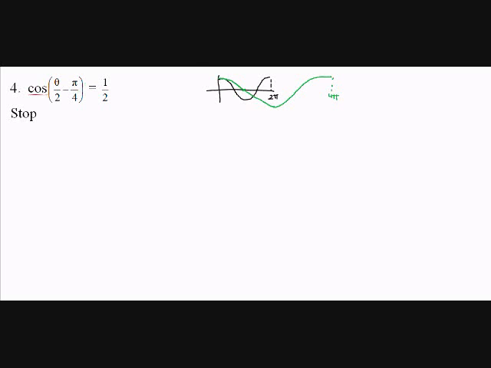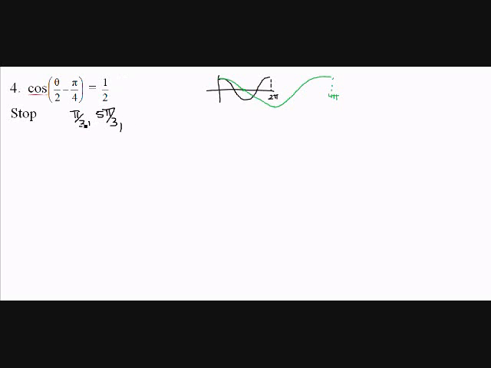Now we have to keep in mind that we're subtracting pi over 4, so we might want to consider some coterminal angles when we're doing the calculation. So cosine equals a half at pi thirds and 5 pi thirds. Let's just add 2 pi to pi over 3.